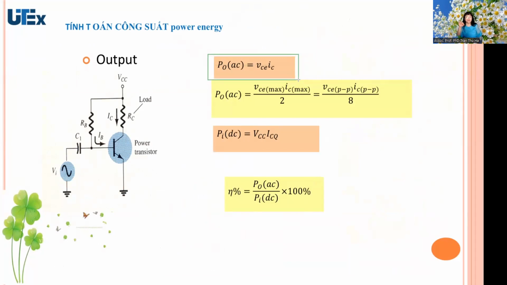You put it, please, because this is the real time. That's why you can see here the VCE is very small, because this is the AC energy, alternating energy. This is the output signal.